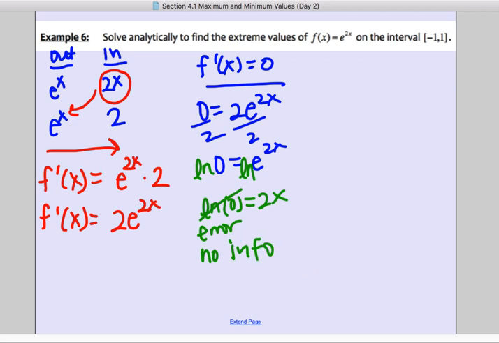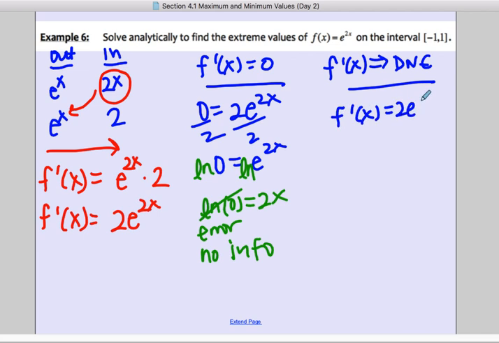Then the other thing we need to check is where our derivative does not exist. Well, our derivative is 2e to the 2x. If you were to graph this on your calculator, it goes through 2, increasing, something like this.